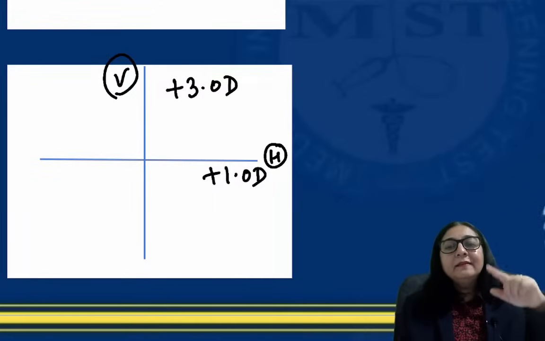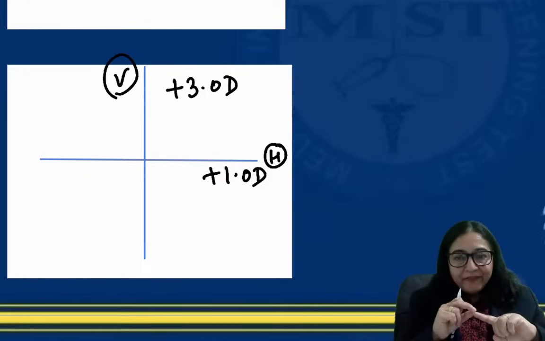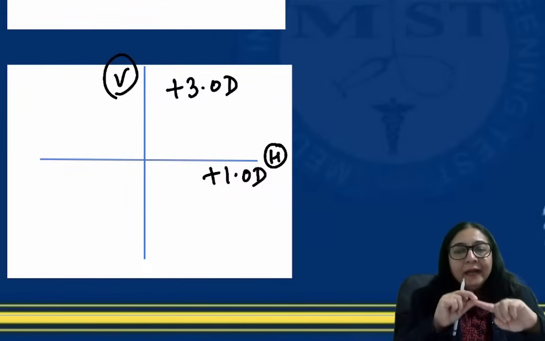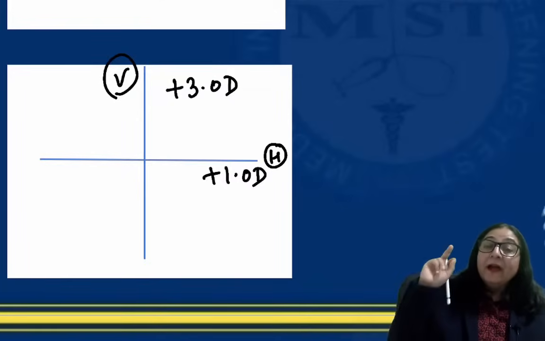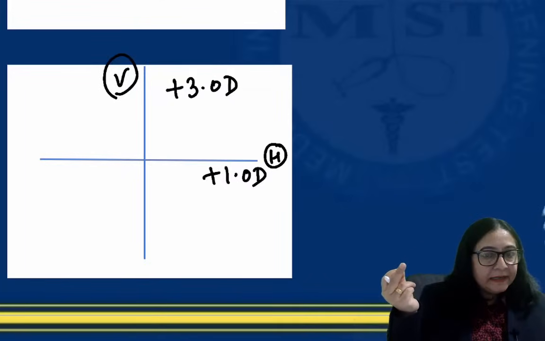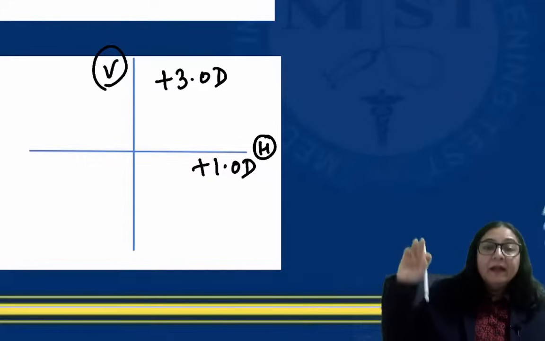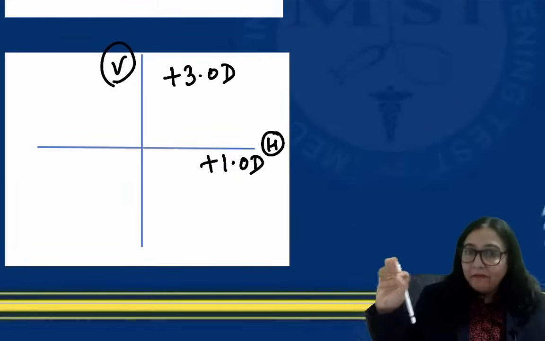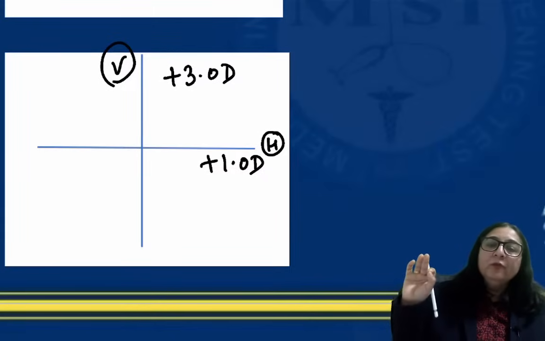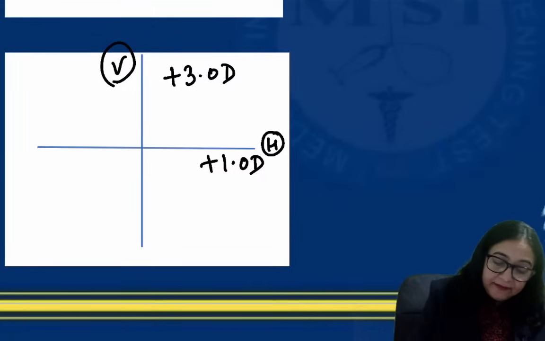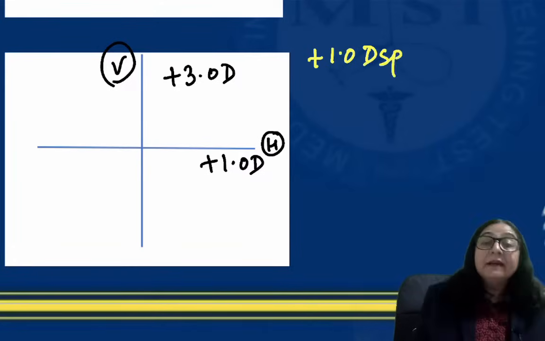So it means you will give a spherical correction, but you will have to give a cylindrical correction for the astigmatism. Now, how to choose the spherical correction in the glass prescription? The smaller numerical value will be used as the spherical correction. So it means +1 diopter sphere will be given in the glass.